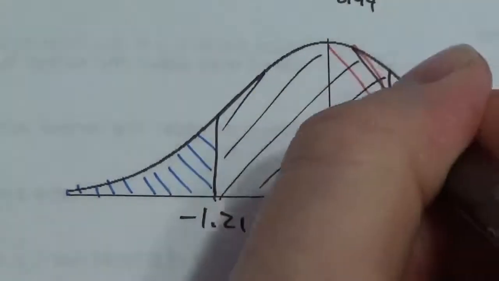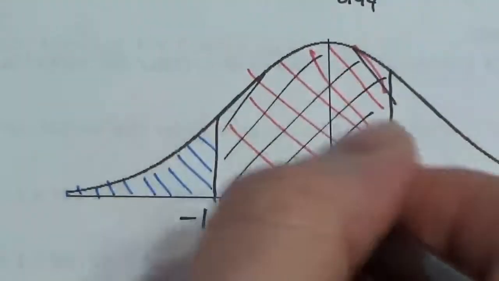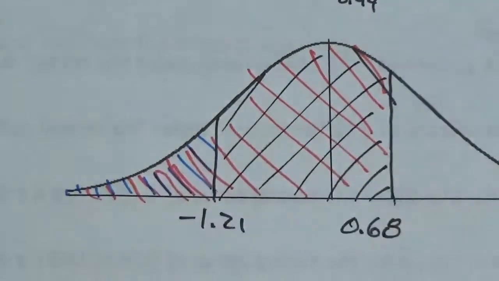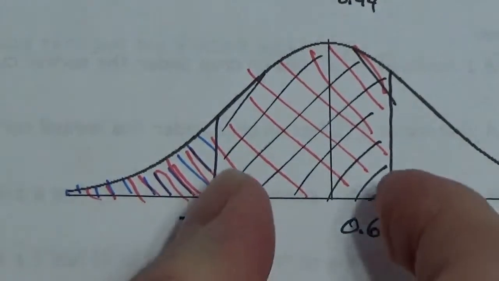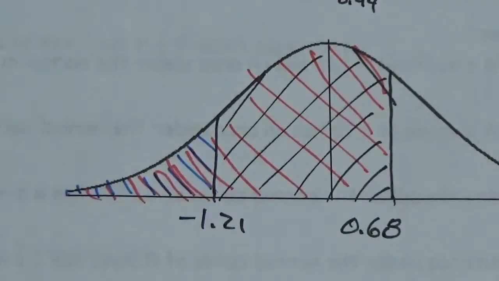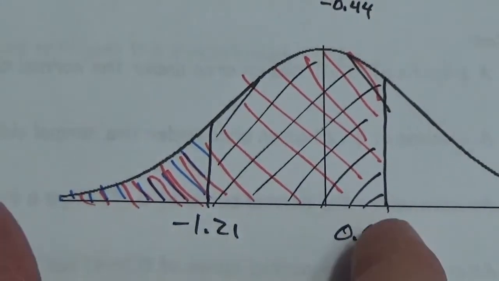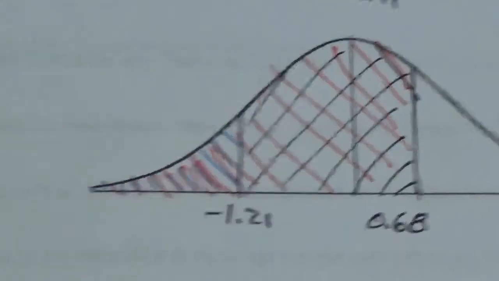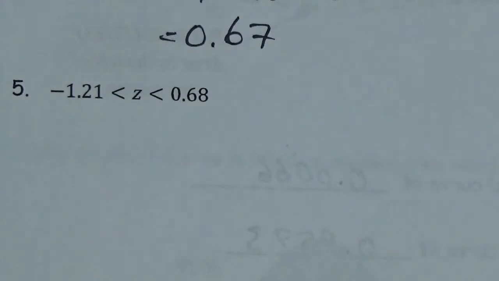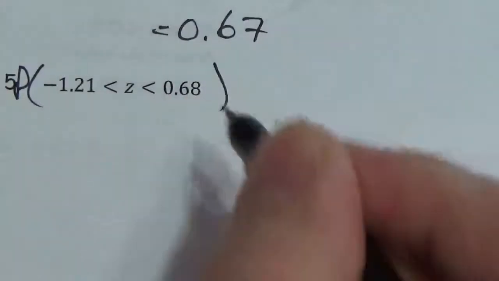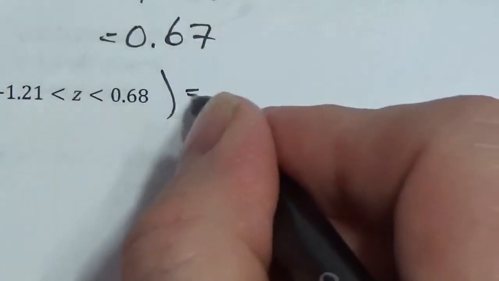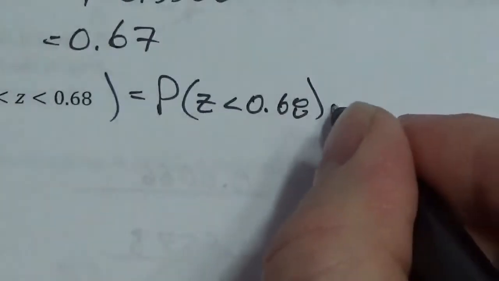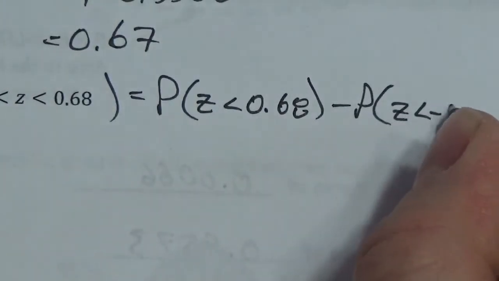I'm going to get this. Well, okay, so how do I get this piece right here? What I'm going to do is take the 0.68 area and subtract the negative 1.21 area. So the probability of Z being between those two is going to equal the probability that Z is less than 0.68, minus the probability that Z is less than negative 1.21.